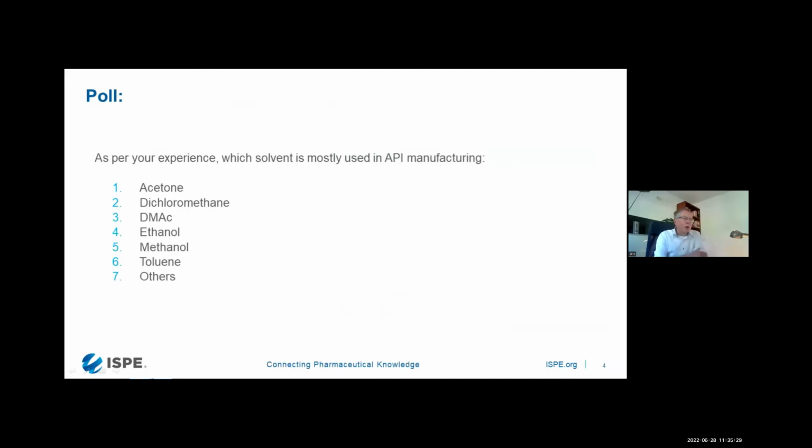So, the first poll. I'm not aware of the exact composition of the audience, but I guess you have been dealing with API manufacturing and therefore also with solvents. I was wondering what type of solvents you most commonly see at your API manufacturing sites. I've listed the most common ones: acetone, dichloromethane, DMAC, ethanol, methanol, toluene, but there are others as well.